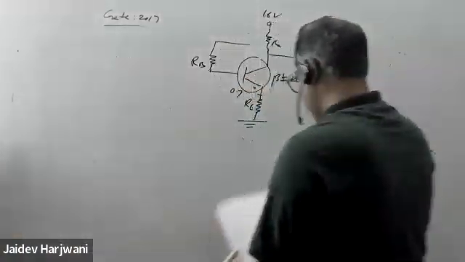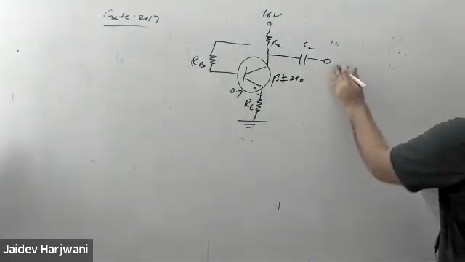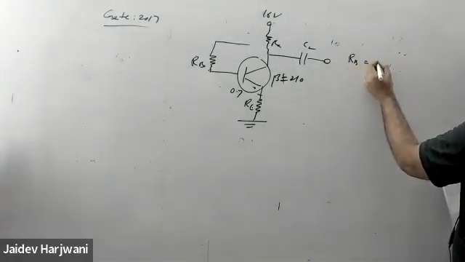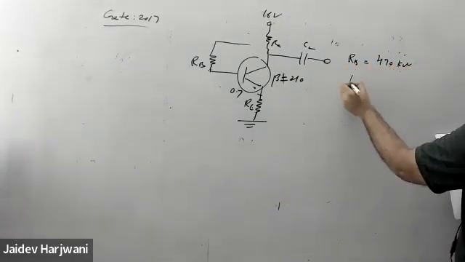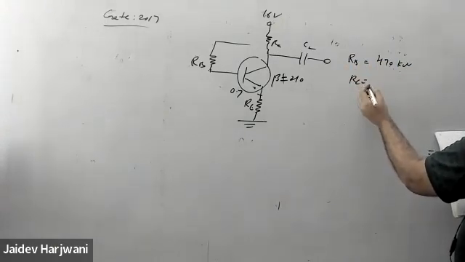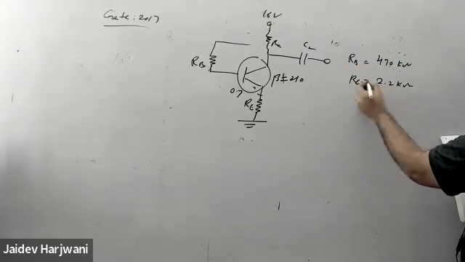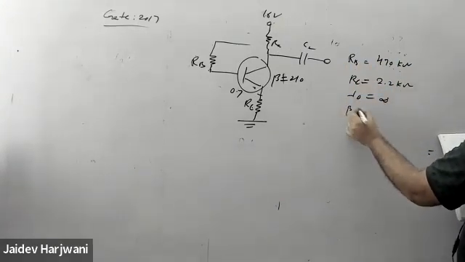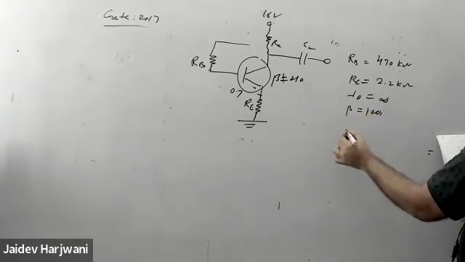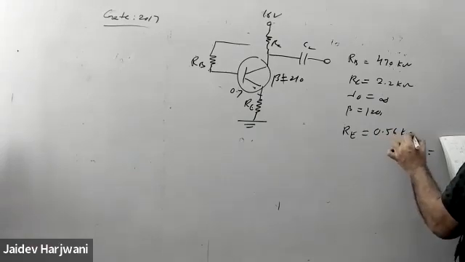In this problem, you have been given RB value 470 kilo, RC value 2.2 kilo ohm, R naught is given infinite, beta is given 120, RE value is given 0.56 kilo ohm.